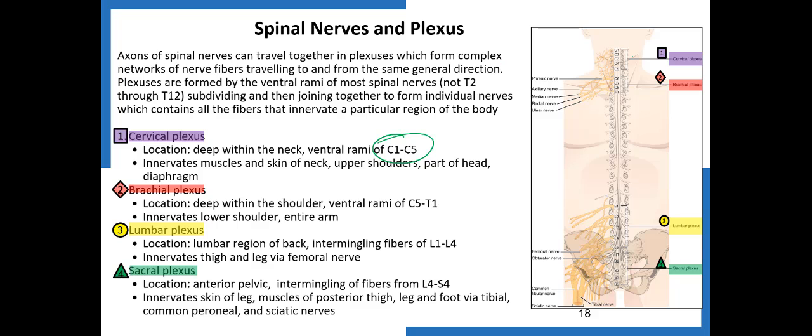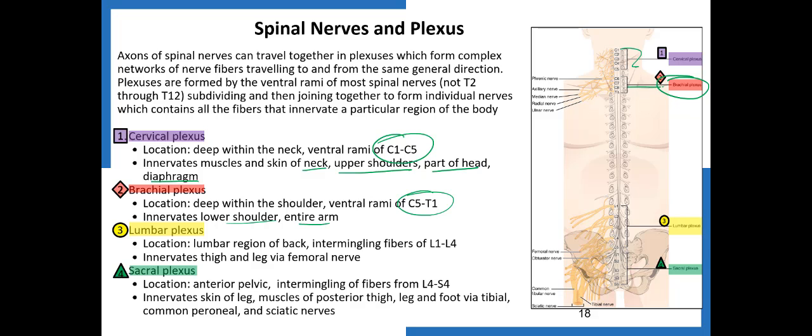It comes out at the neck over here, and so it innervates the muscles and skin of the neck, upper shoulders, part of the head, and the diaphragm. The brachial plexus is right over here. It contains the nerves from the C5 spinal nerve to T1, and it innervates the lower shoulder and the entire arm.